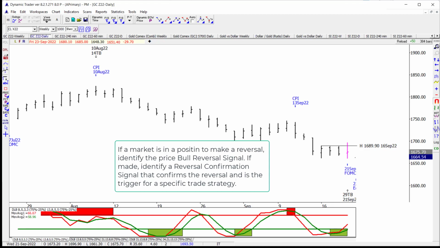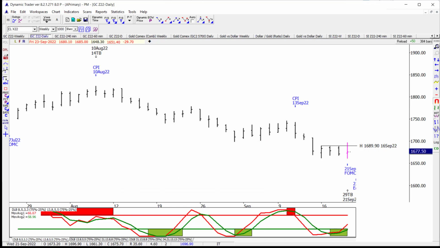What I had for our report subscribers is that we want to see a close over these past few days. We want to see a breakout of what we might call a trading range to confirm that the low is complete. So we're looking for a buy to go long on a close above 1689.90. So we're in a technical position to make a low.